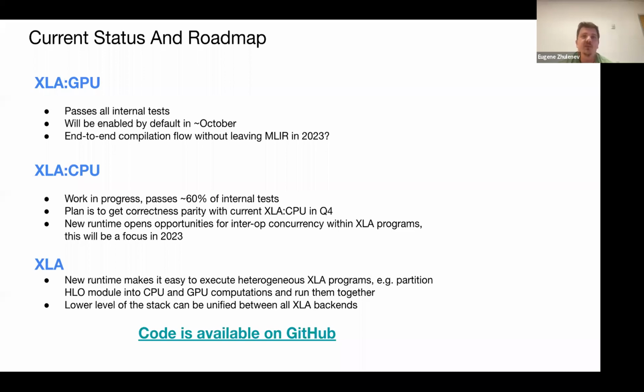For example, if you have a while loop with some simple computation in the condition block, right now with thunks you're forced to run everything on the device, but conceptually you should be able to run your condition computation on the host. You might be able to duplicate some of the operations from the body to the host. It might be beneficial. It's not doable today, but with the new runtime, it should be relatively easy to do, just a few compiler passes and analysis.